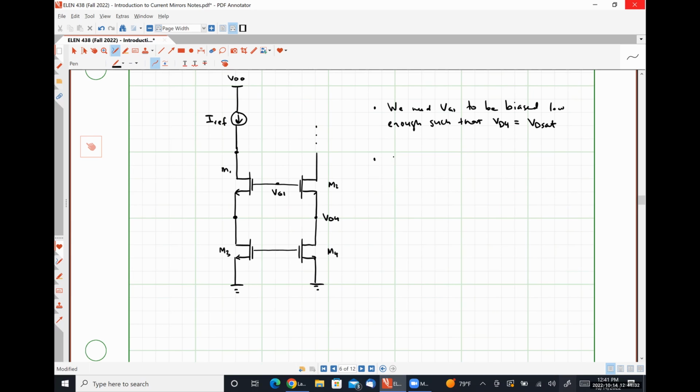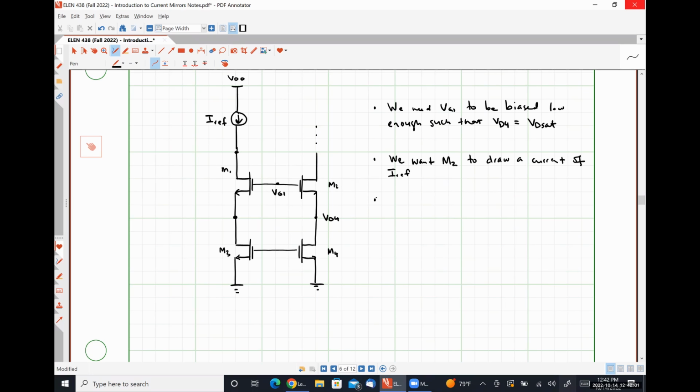Secondly, we want transistor M2 to draw a current of Iref. So effectively, we want this to still behave as if it were a current mirror.